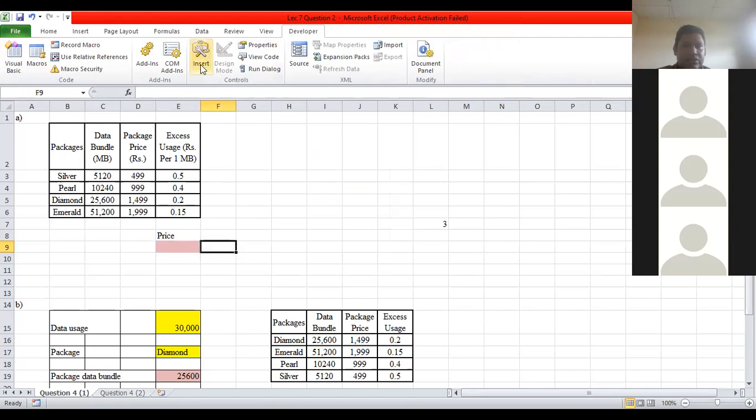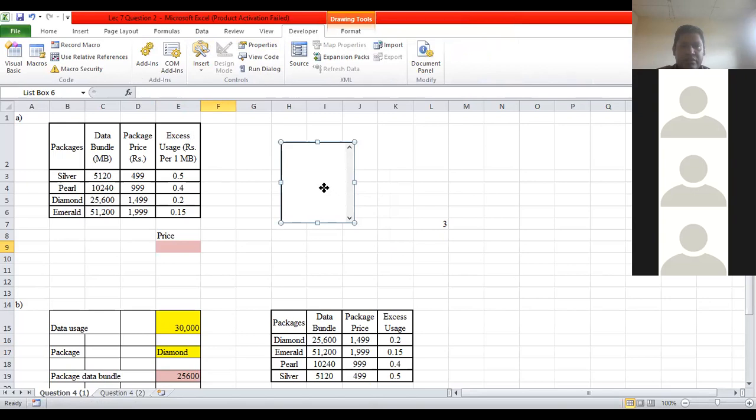Then, yes, you went to the developer, then you go to the insert, and you would have taken a list box, then you draw a list box. That was the very first thing you did.